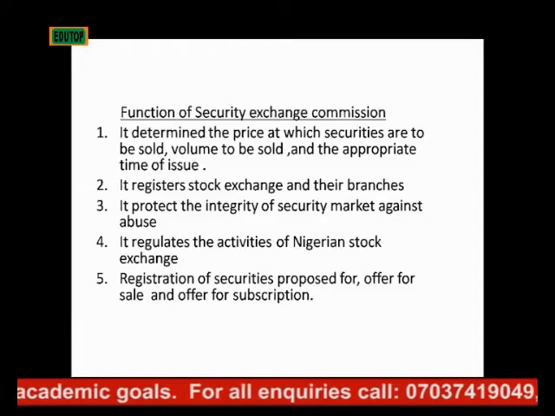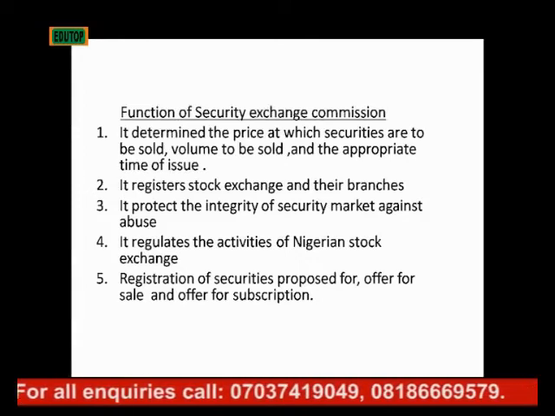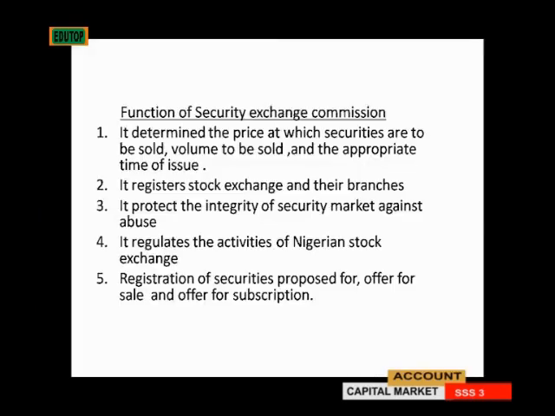Then the next one is it registers stock exchanges and their branches. So, in as much as the stock exchange is under the SEC, they register them and the branches they have across the country. So that is that about the functions. The third one is it protects the integrity of the securities market against abuse.